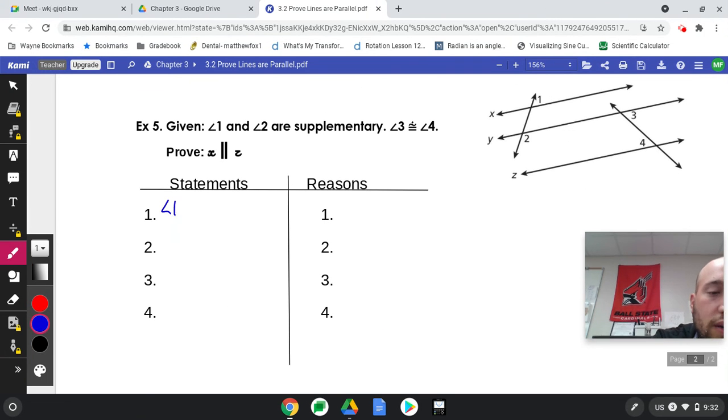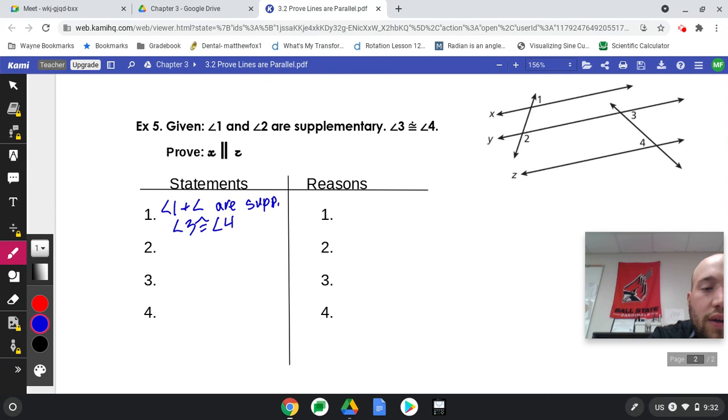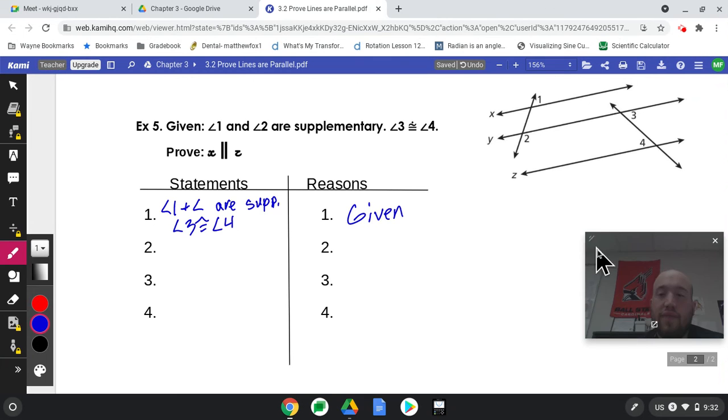So angle 1 and angle 2 are supplementary. I'm just going to put SUPP as the abbreviation. And also angle 3 is congruent to angle 4, and that's given. Now, if something is given, usually we're going to use it. Not always. They might give us a trick. But let's look at the fact that 1 and 2 are supplementary. We don't care about any of this right now, just 1 and 2.